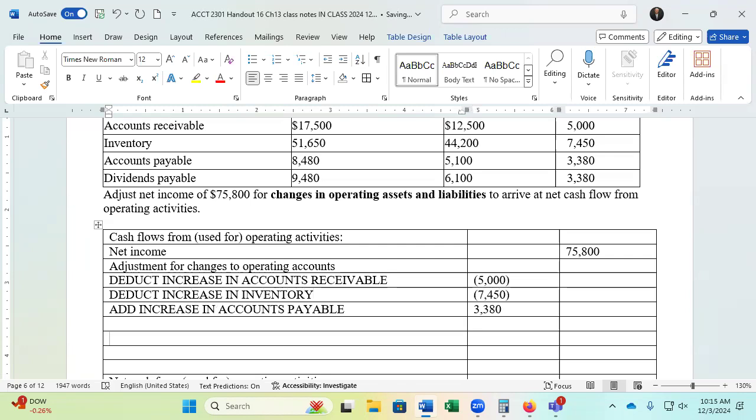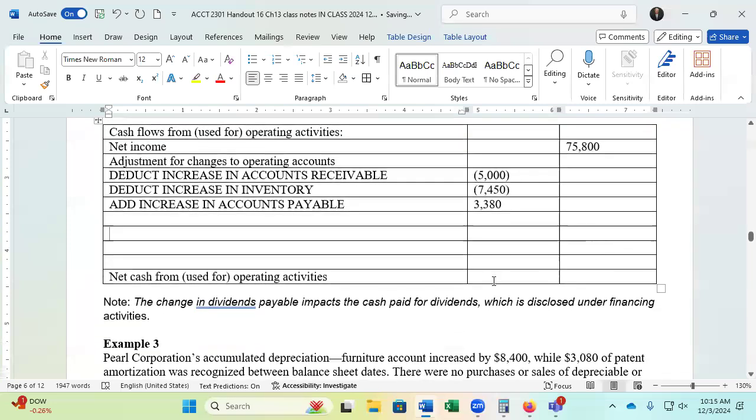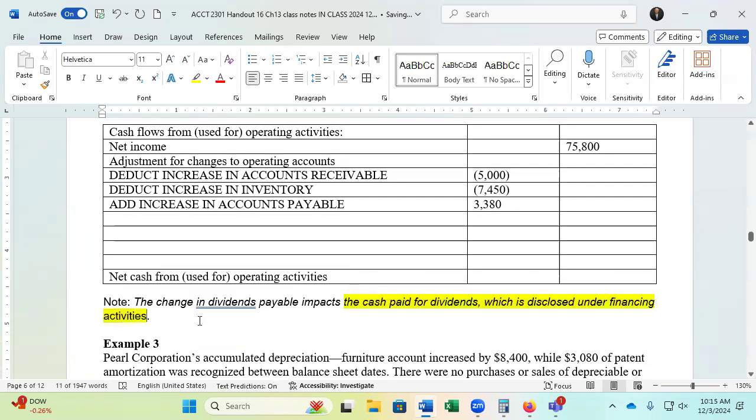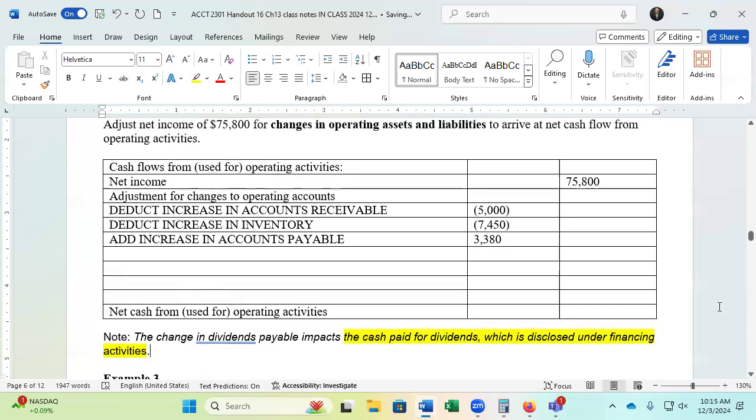And then we have dividends payable, but what does dividends payable tell us? Dividends payable impacts the cash paid for dividends, which is disclosed under financing activities. So circle or highlight it. It's why it's not used in this question.